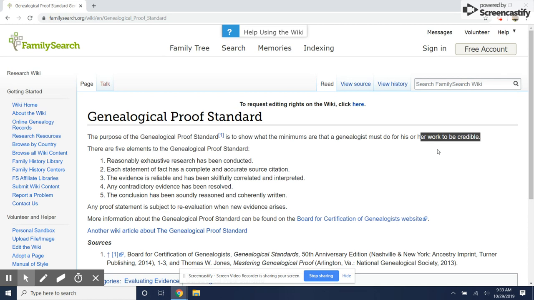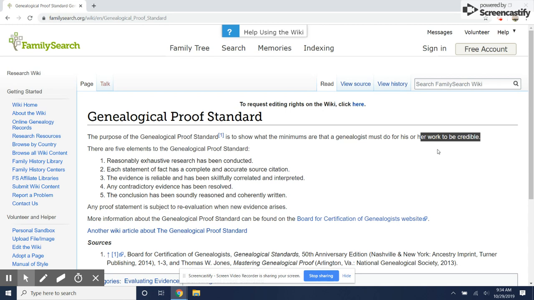Number 4, any contradictory evidence has been resolved. Sometimes it looks like a document is your relative, and sometimes later on down the road you find out that it's actually a different person's record. So contradictory evidence would be, I think my grandpa was born in 1920, but somebody by the same name has a birth record of 1925.